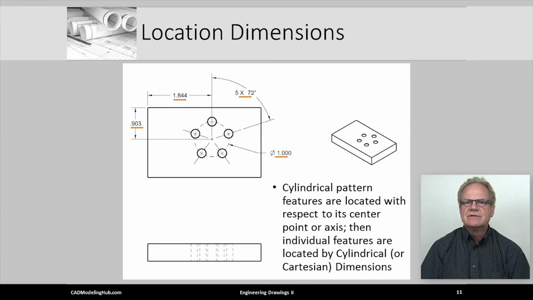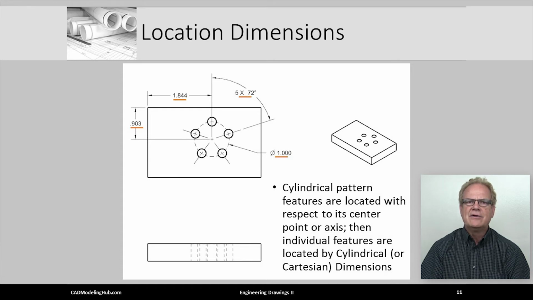Hole locations on some parts seem randomly placed, while other holes are clustered into rectangular patterns or arrays, and still others are grouped as a circular pattern or array. In this example, the 5 holes are placed in a circular pattern, sometimes referred to as a bolt hole pattern.